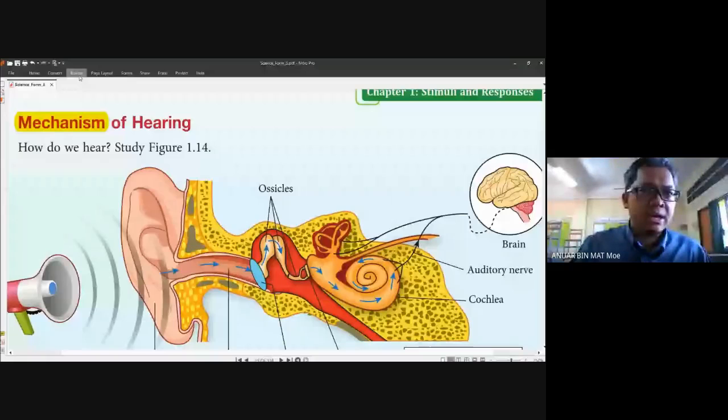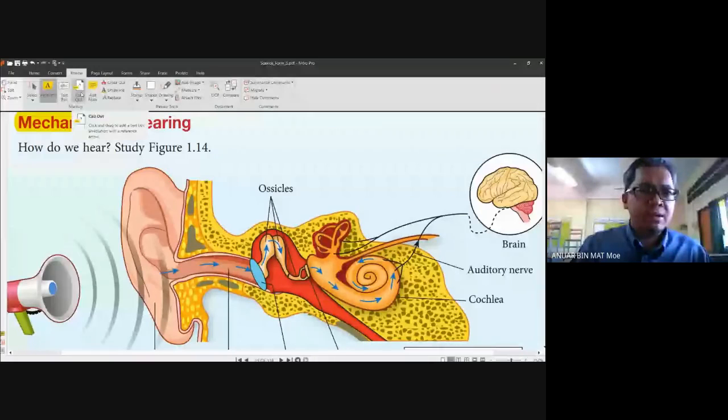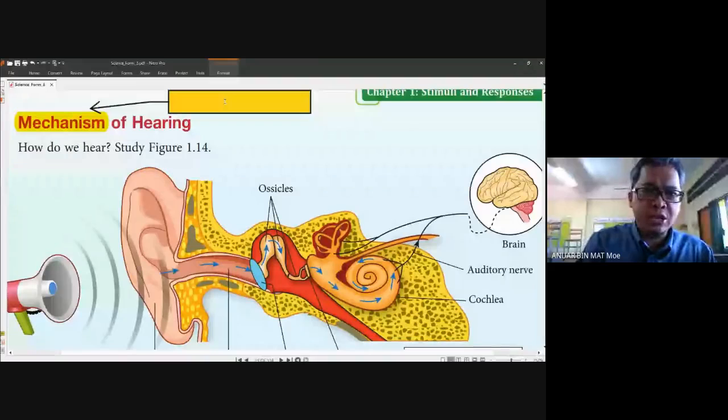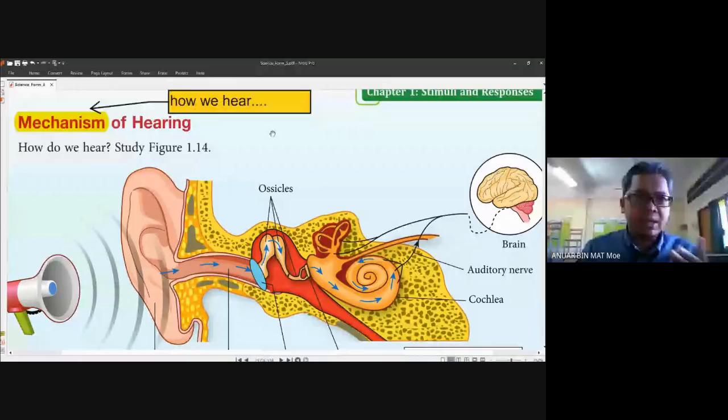So, mechanism of hearing, mechanism here means how we hear. Bagaimana kita mendengar.